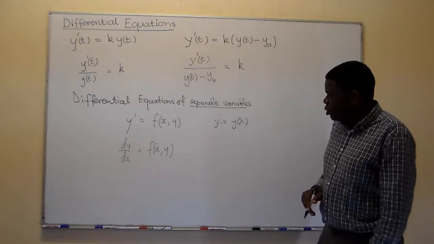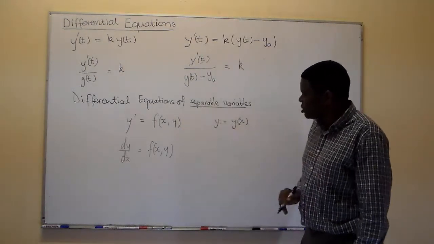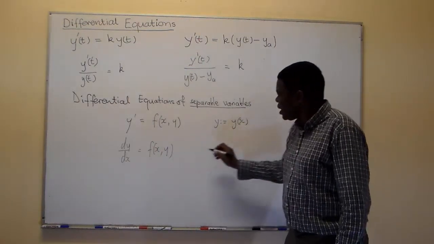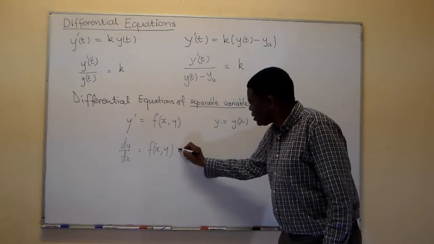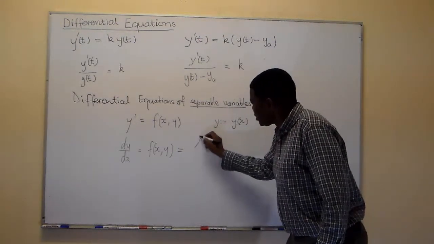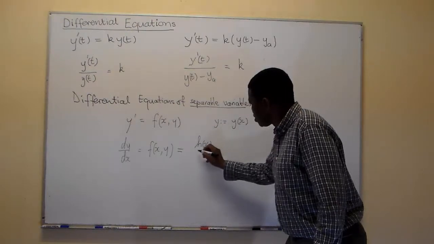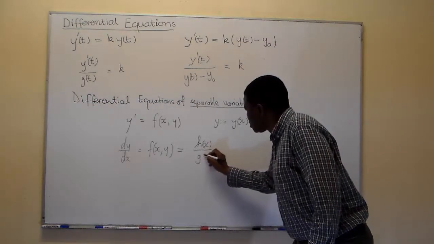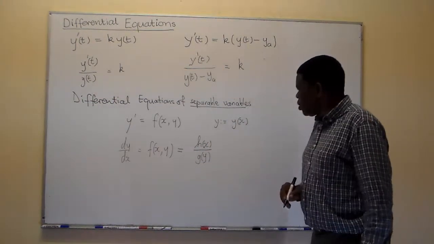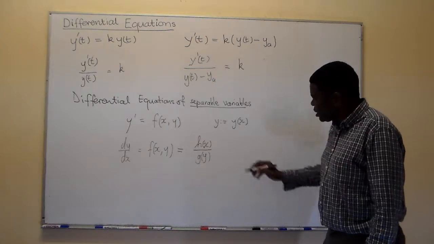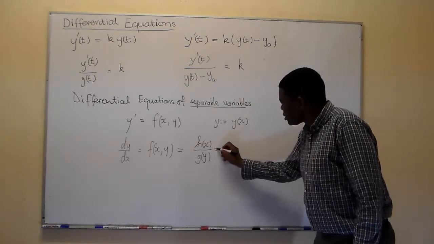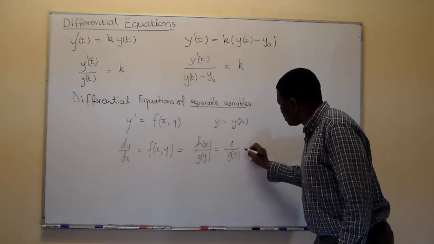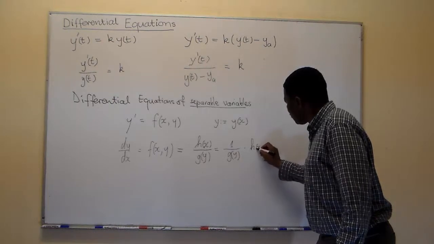I would say that a first order equation of this nature is of separable variables if this function of two variables can be written in the form h of x over g of y, which is the same as 1 over g of y multiplied by h of x.